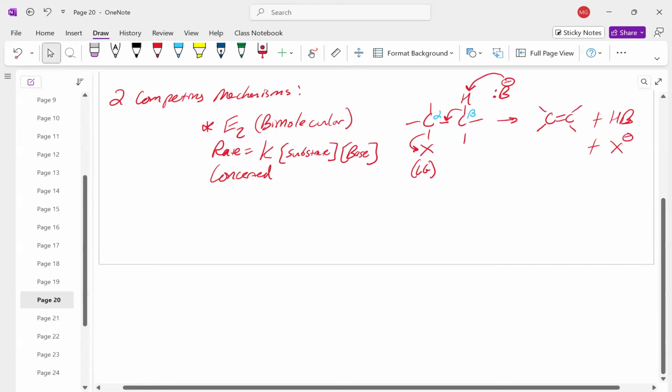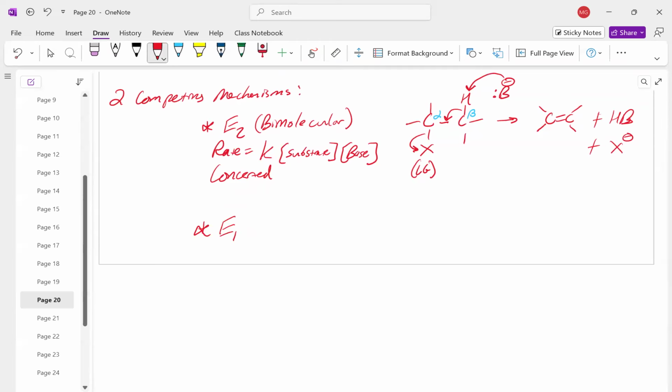Now, the other mechanism that competes with this is E1. Again, E stands for elimination. The 1 stands for unimolecular. Like SN1, the rate of E1 is only dependent upon the substrate, the alkyl halide.